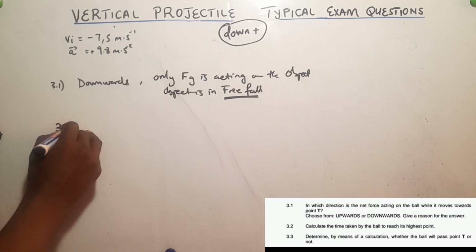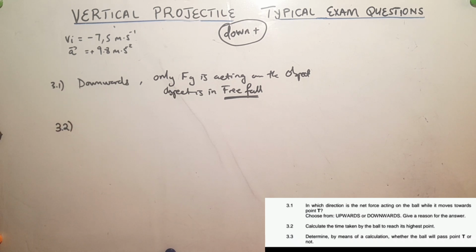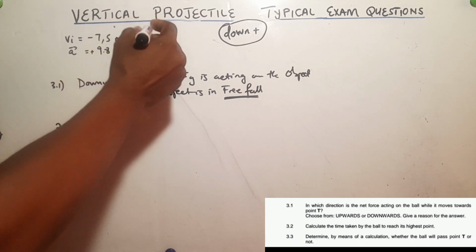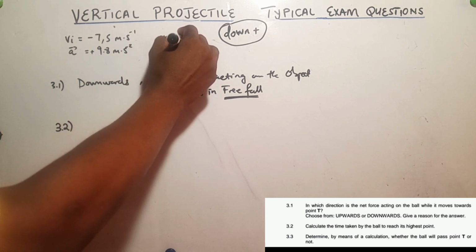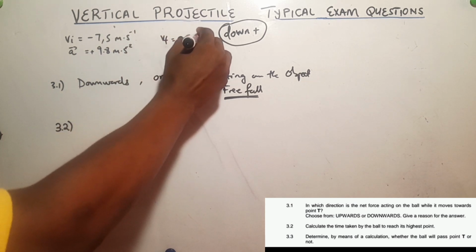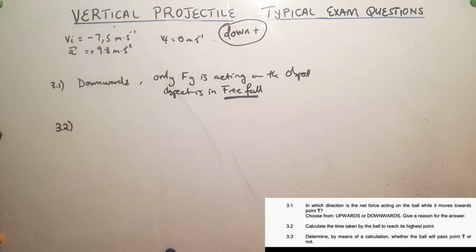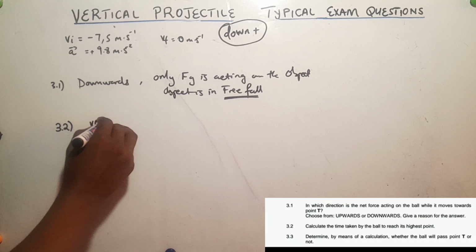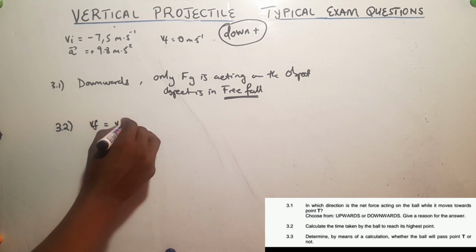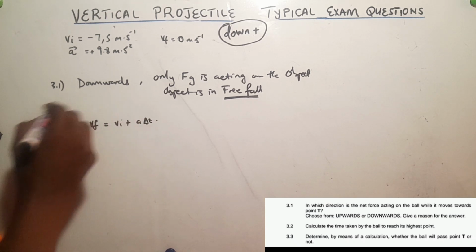So 3.2, they said, calculate the time taken by the ball to reach its highest point. So we know that at the highest point, the velocity is 0, right? Because at the maximum height, the velocity is 0. So now we can use Vf equals V initial plus acceleration times change in time.